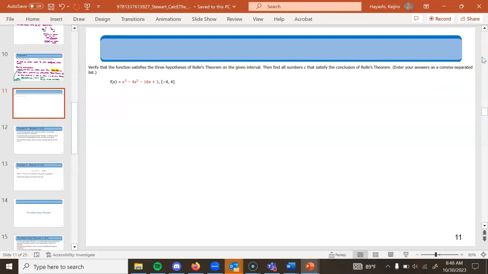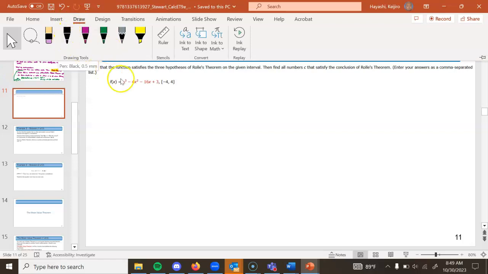Okay. So first we're going to verify that Rolle's theorem even applies to this function and this interval. And then we're going to look for those places where the derivative equals 0. And honestly, you could start immediately by just taking the derivative and setting it equal to 0 and seeing if you get any values that are in between -4 and 4.